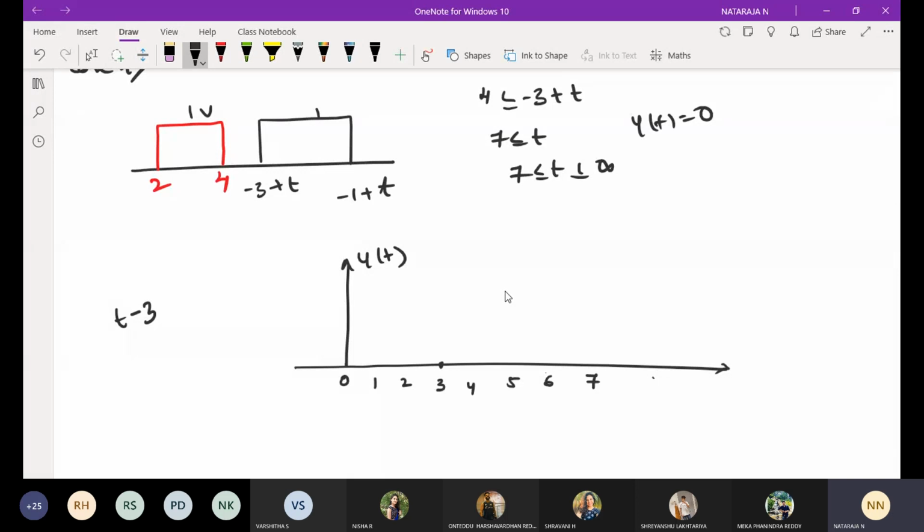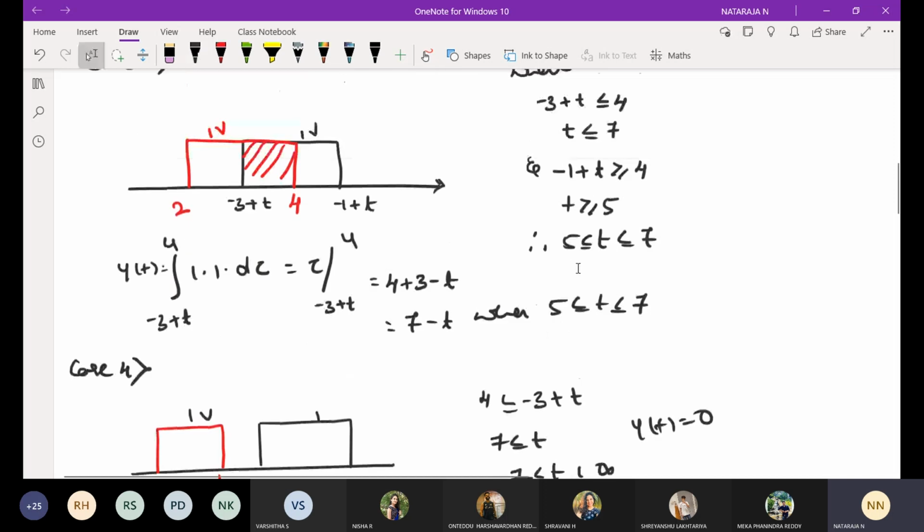If I substitute when t is equal to 3, you will get 0. If t is equal to 4, minus 3, it will be 1. Then 5 minus 3, it will be 2, up to 5.